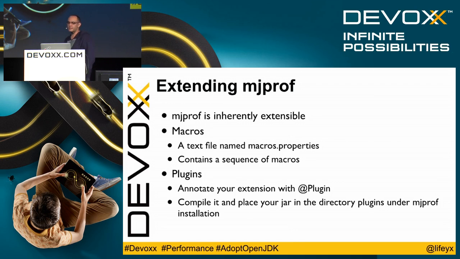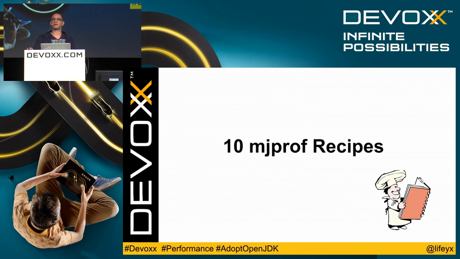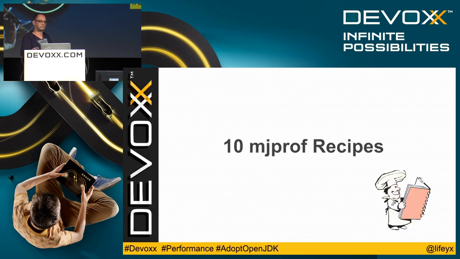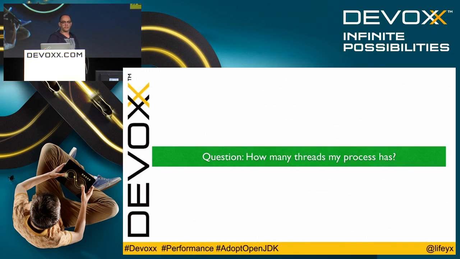Okay, so that's a basic description of what you can do with mjprof, but it's a little bit obscure, I guess. So let's take a look at some recipes, or things that you can do with mjprof. The first question we want to answer is, for example, how many threads I have in my process.